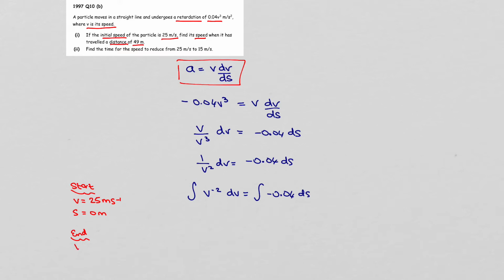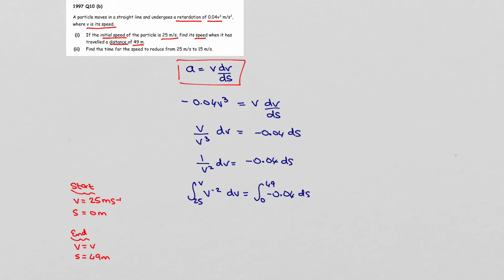Then we have to find the speed, so v is what we're looking for, when it has travelled a distance of 49 meters, so s is 49. End limits are always my upper limits, and start limits are always my lower limits.